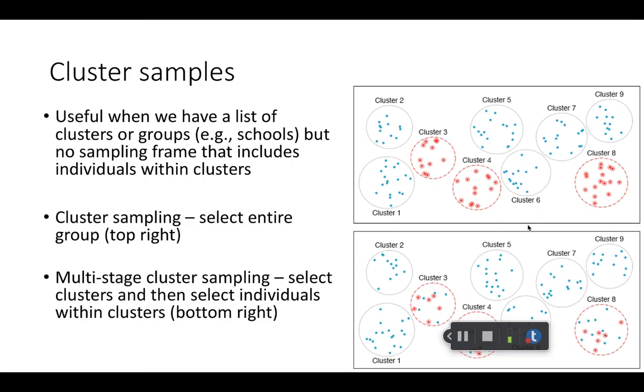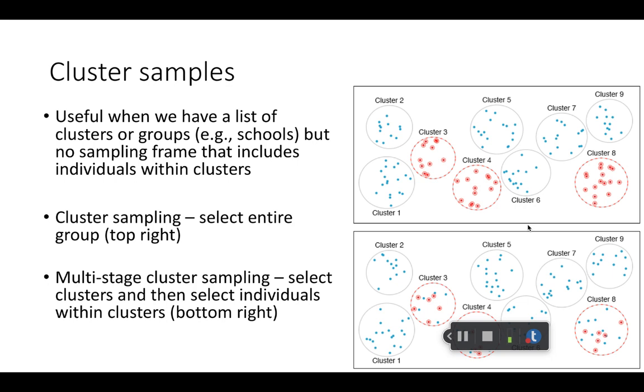Cluster samples are used when we have lists of clusters or groups, for example, lists of schools, but we don't have a sample frame that includes all of the individuals within those clusters. For example, it's not likely that you could get a sampling frame that includes the names of all children enrolled in elementary schools in Pennsylvania. That list just does not exist for reasons of confidentiality.